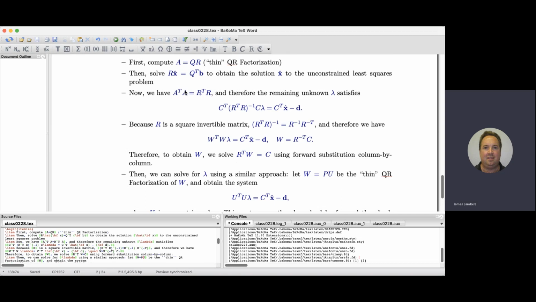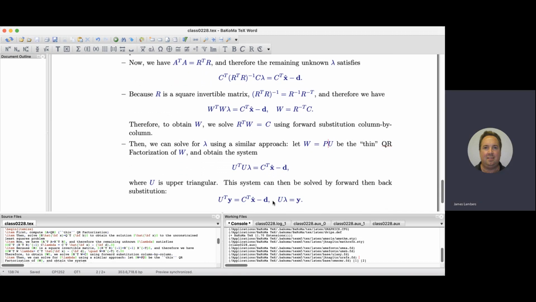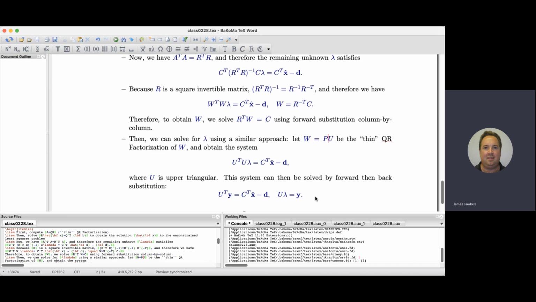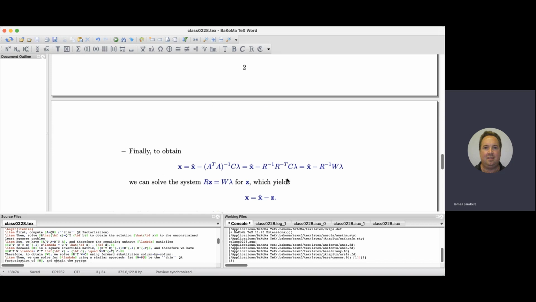Just as A transpose A is equal to R transpose R, W transpose W is equal to U transpose U, where U is the upper triangular part. So we just solve these two systems, using forward substitution for this one and back substitution for this one. There's a lot going on here, but I'll present the overall algorithm in a moment.